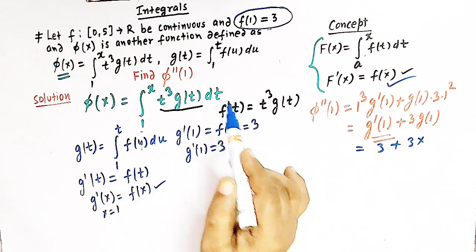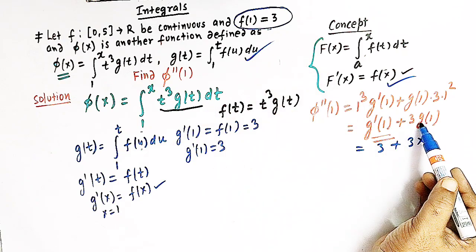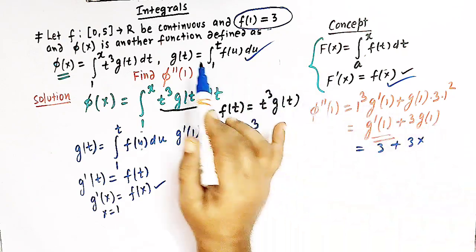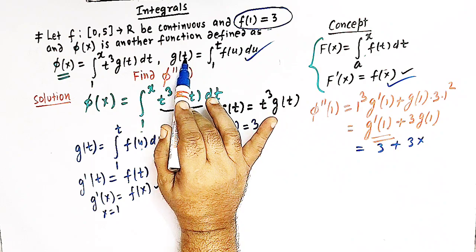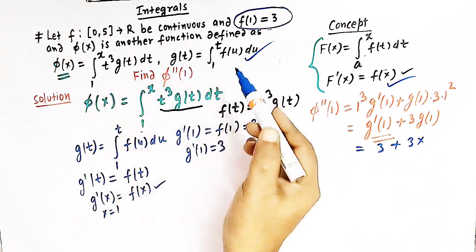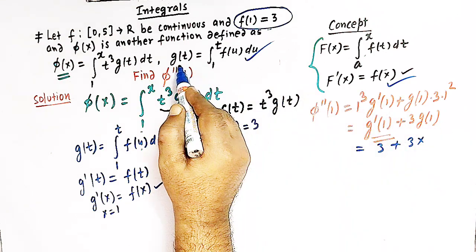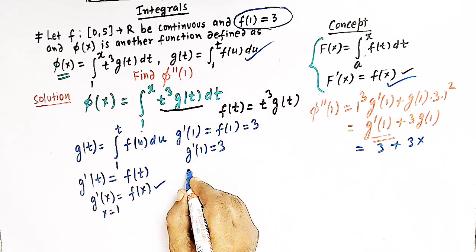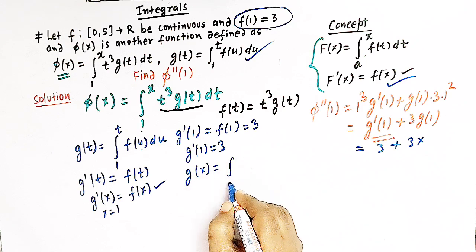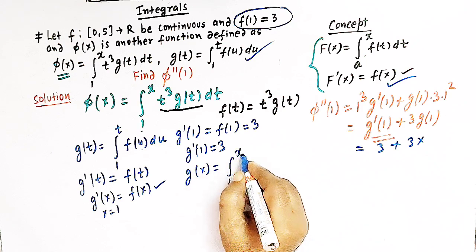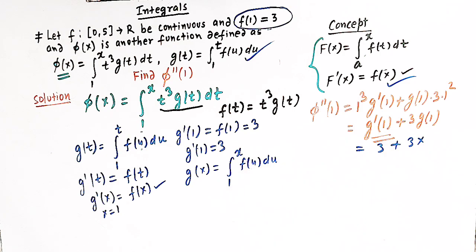Again, taking the help of this expression, we can find the value of g of 1. We can write this function as g of x is equal to the integral from 1 to x of f of u du, right?